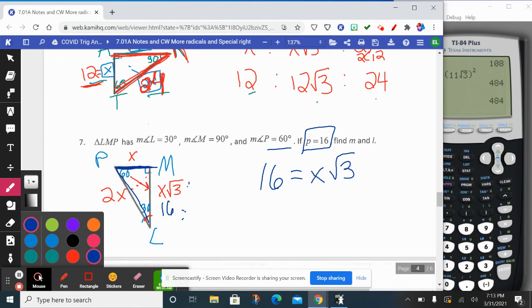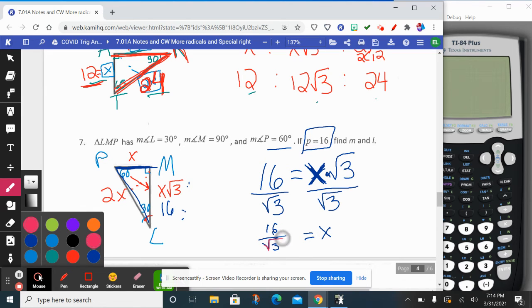Well, we've got to somehow find out what x is. Okay. So 16 equals x square root of 3. What we're going to do is solve for x. So we have to divide by the square root of 3 on each side. So in this case, we get 16 over the square root of 3 equals x. But we can't do that.